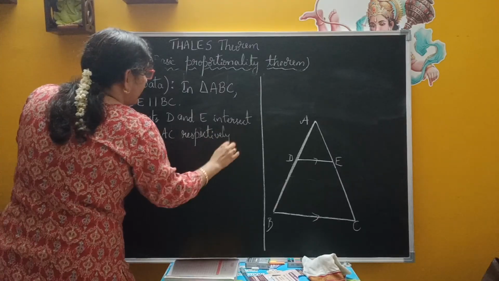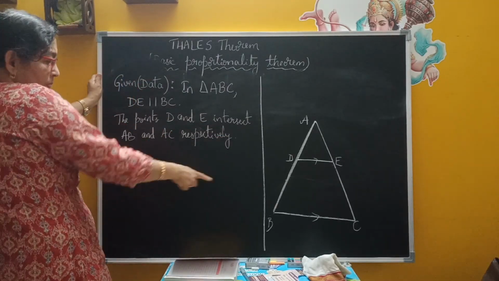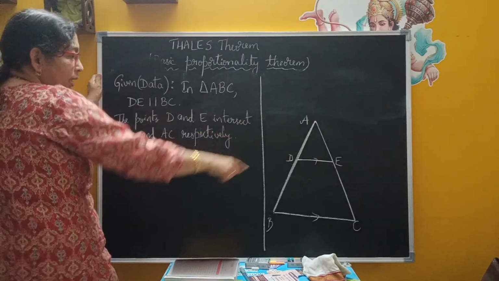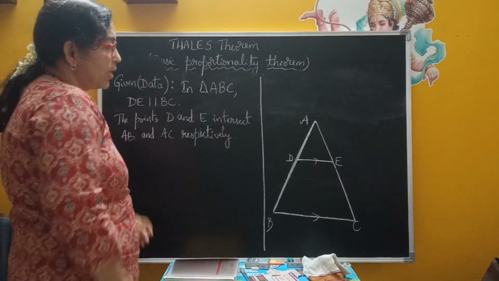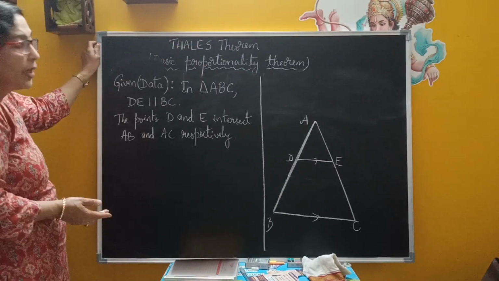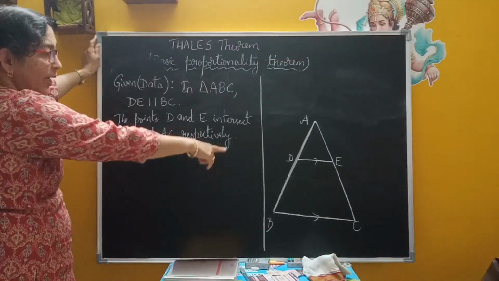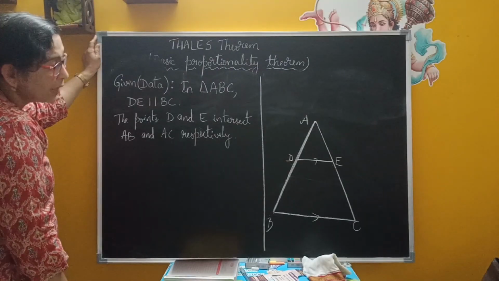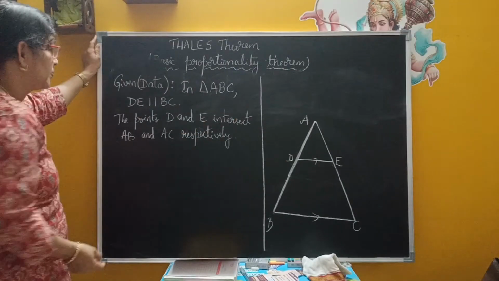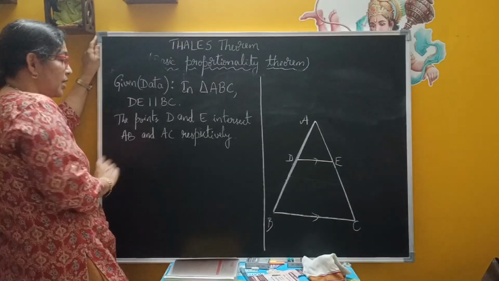That means D is here, intersects AB, and E intersects AC. Now, DE is intersecting AB at D and DE is intersecting AC at point E. So D and E are the points of intersection.